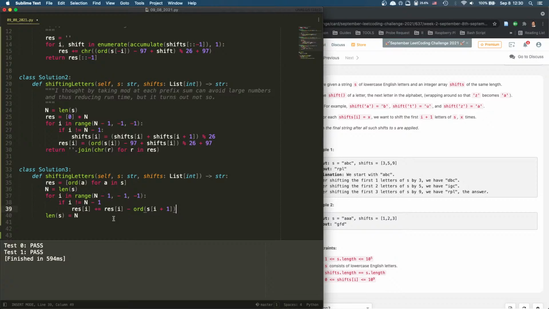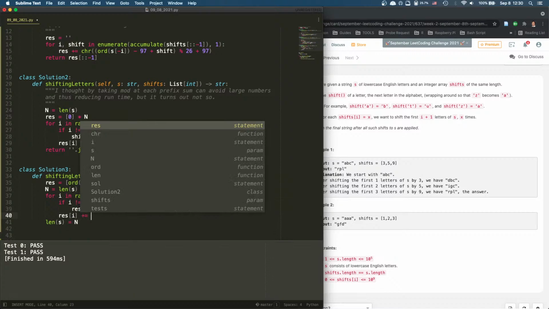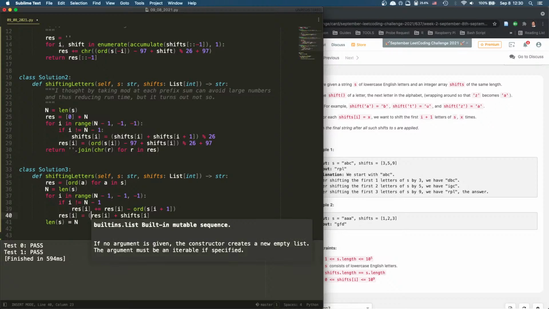So res i, we apply this difference, and then res i plus equal to shift i, and say res i plus shift i.